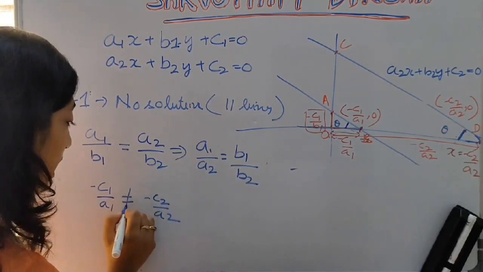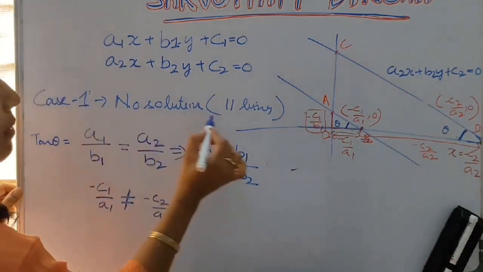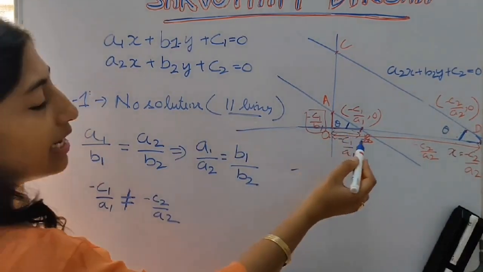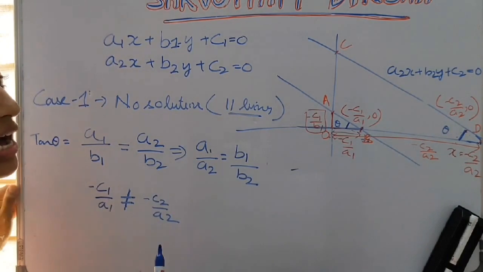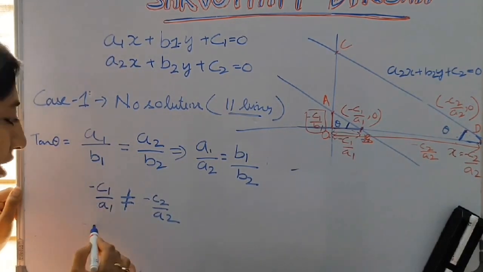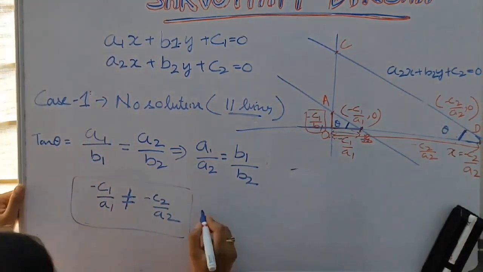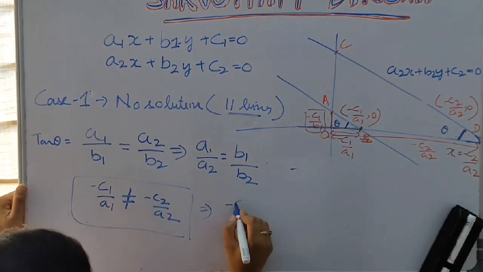So it should not at all be equal if it is the case of parallel lines, because parallel lines won't intersect and my B and D can never ever coincide. So these lengths OB and OD have to be different only. So this is also one condition for your parallel lines. If I solve it further, here also I can do cross multiplication.